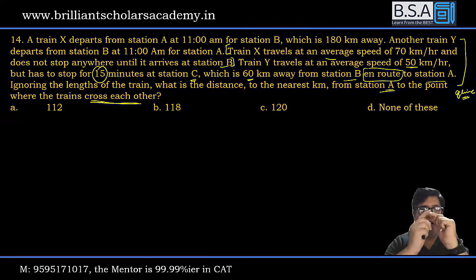First thing, draw that line. Draw that line A, B, and there is C somewhere. Then observe the distances. Then observe their speeds. There is a stoppage at point C. Keep track of these things and start solving. What is the distance from A to the nearest kilometer where these trains will cross each other?